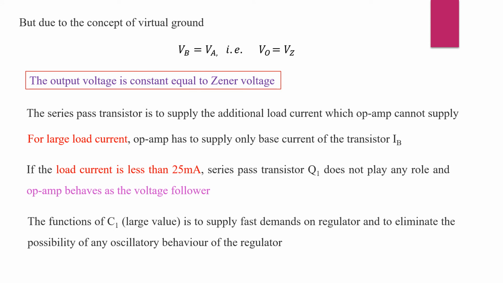The function of the very large capacitance is to supply the fast demands on the regulator and to eliminate the possibility of any oscillatory behavior of the regulator.